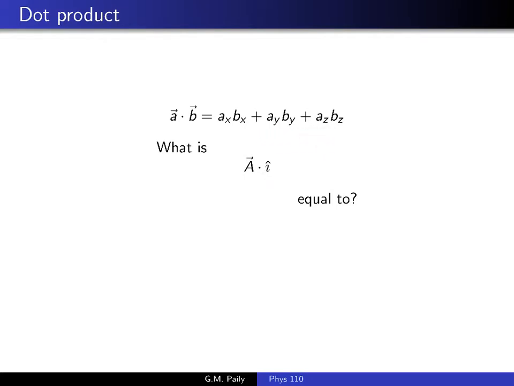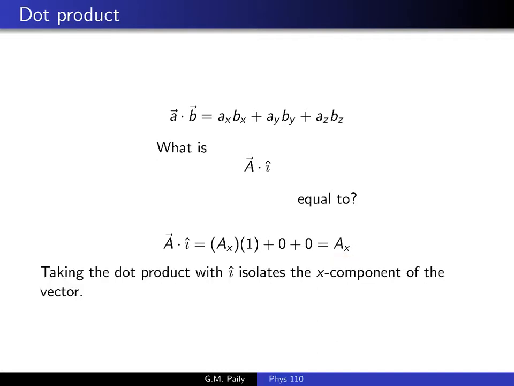Keeping the formula for the dot product in mind, what is a vector dot i hat? Using the component formula, we see that a dot i hat is simply ax. In other words, taking the dot product of any vector with i hat isolates the x component of that vector.